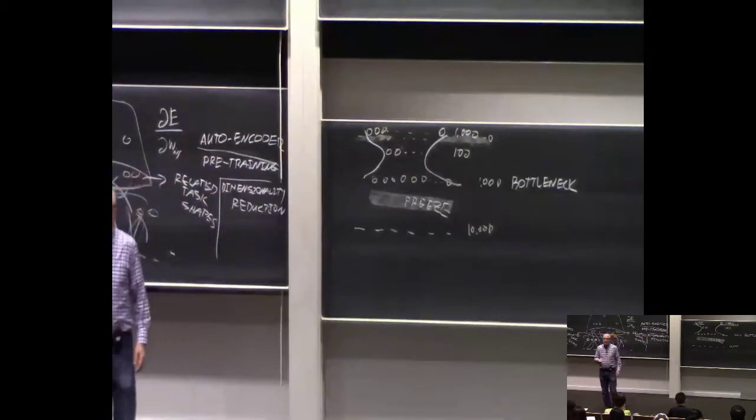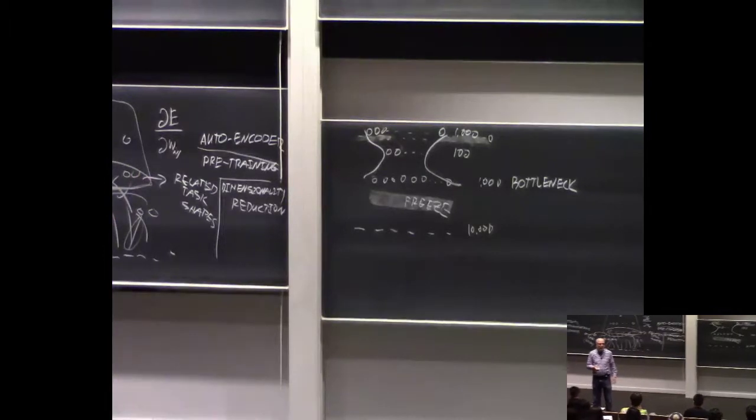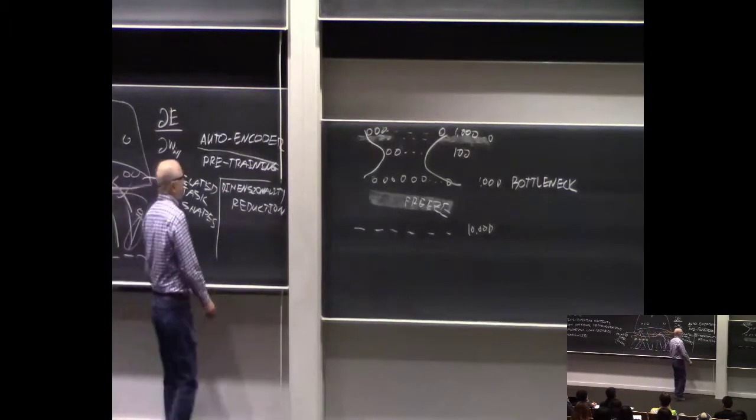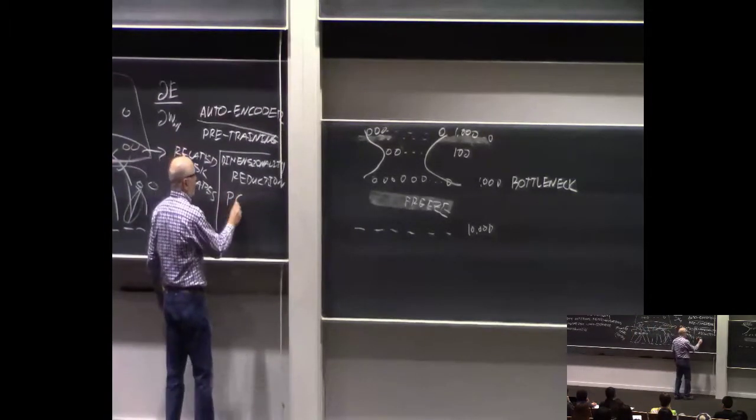Now, you don't have to use an autoencoder for dimensionality reduction. If you're a statistician and you're given a very redundant representation of input, there are other techniques that are actually better understood theoretically for dimensionality reduction. Maybe the most popular one is principal component analysis.